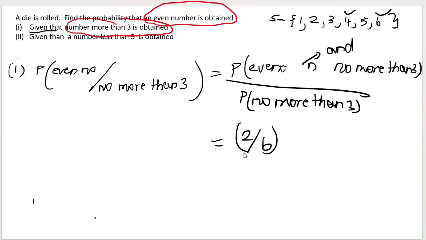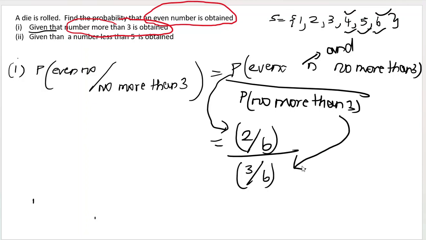This is only for the numerator. For the denominator, we are interested in the probability of a number more than 3. So in this case, we are interested in the numbers 4, 5, 6. These are 3 numbers. Total number of outcomes are 6. So the numerator is the probability of this, and the denominator is the probability of this.